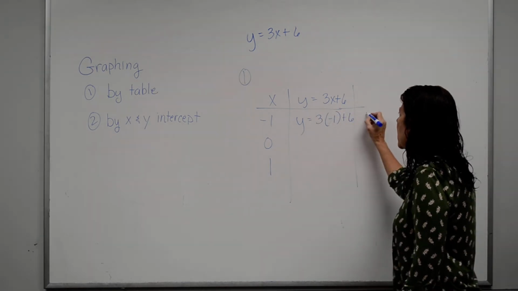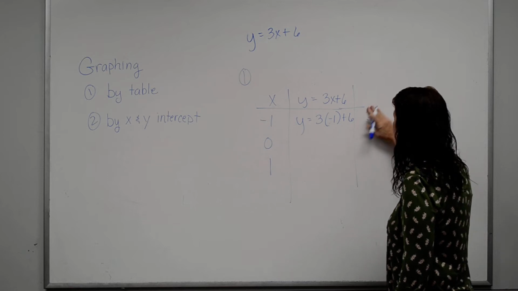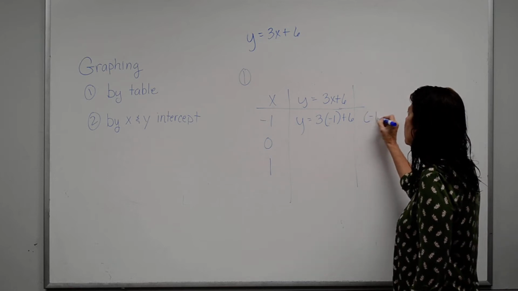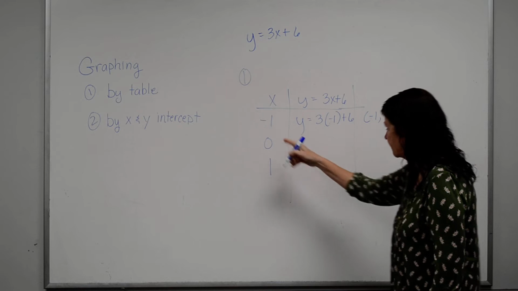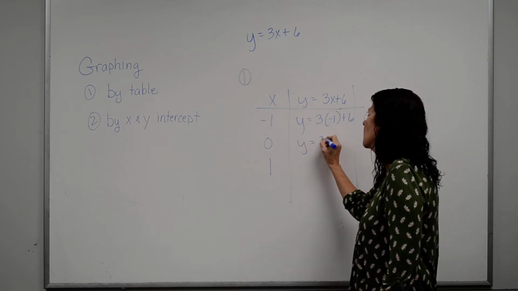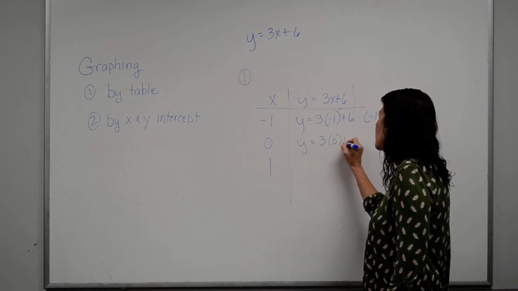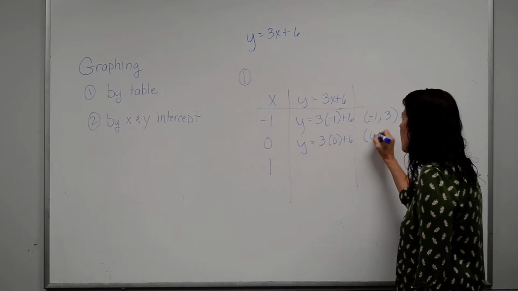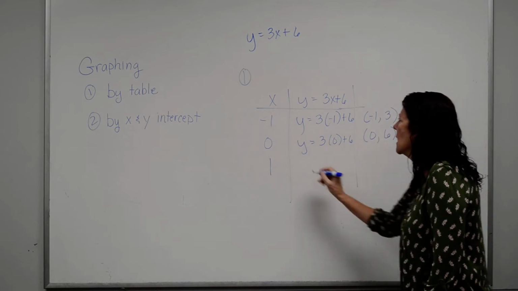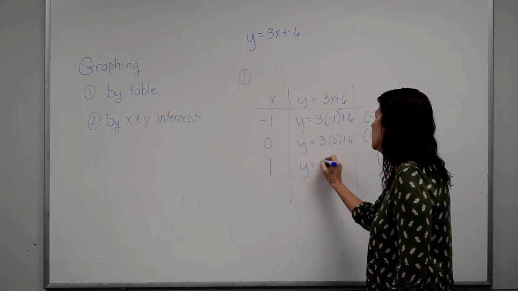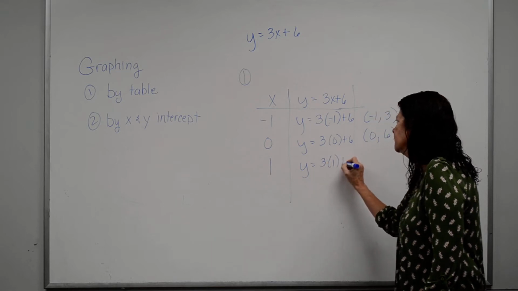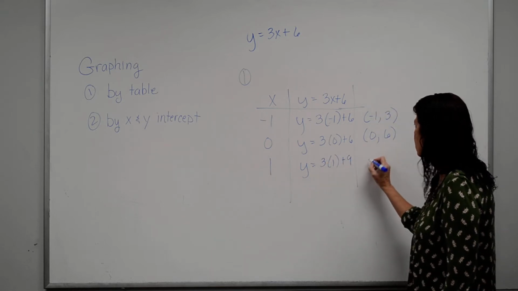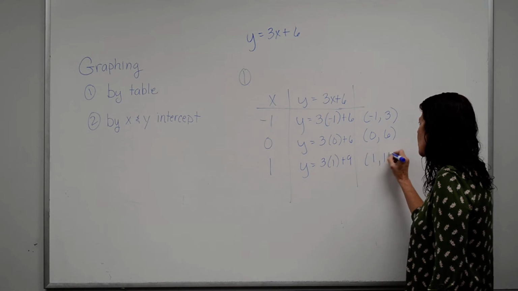That is going to give me a positive 3 here. So I know I have the point -1, 3. If I plug in 0, 3 times 0 plus 6, I'm going to have the point 0, 6. If I plug in 1, I'm going to have the point 1, 12.